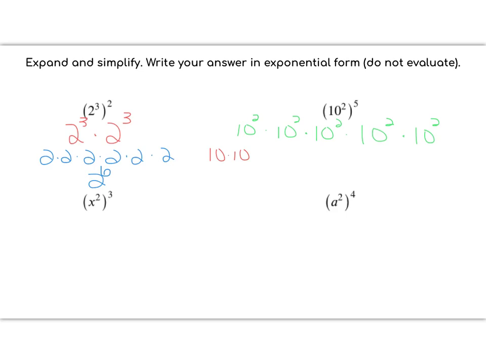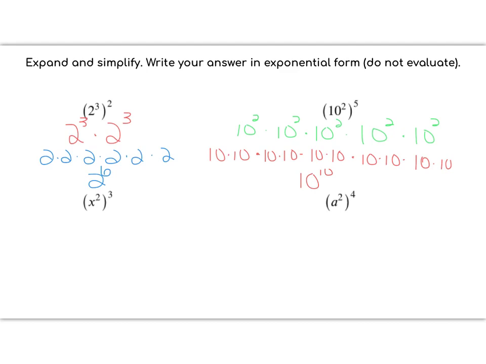So I've got 10 times 10 times 10 times 10 times 10 times 10, and I'm going to do it again, and one more time. So I count, and how many 10s do I have? 1, 2, 3, 4, 5, 6, 7, 8, 9, 10. So this is 10 to the 10th.